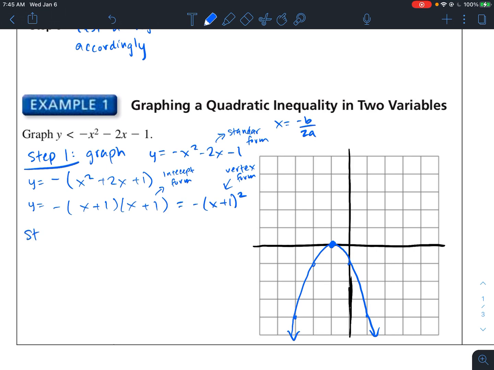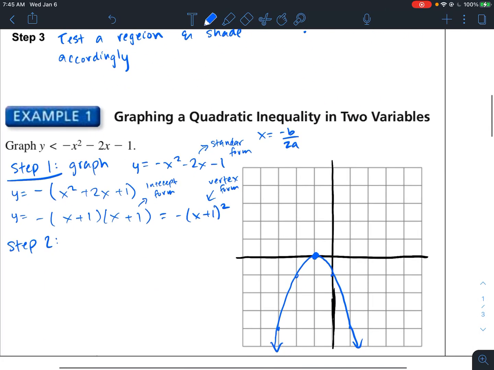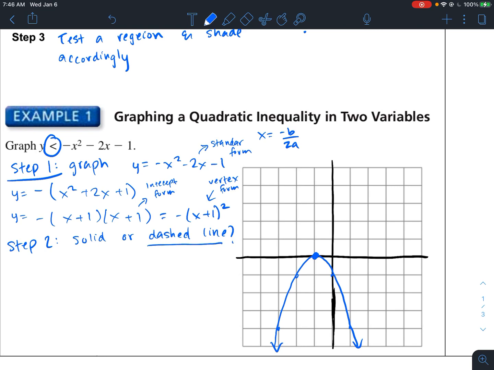Now step 2, is it going to be dotted or dashed? Or dashed, I guess I should say solid or dashed. Well, the inequality is less than with no equal sign, which means this is going to be a dashed line.